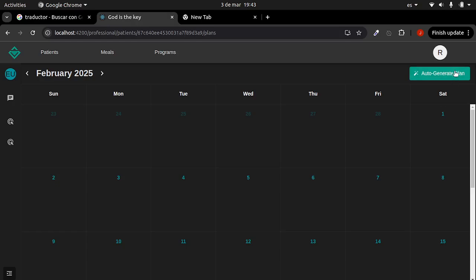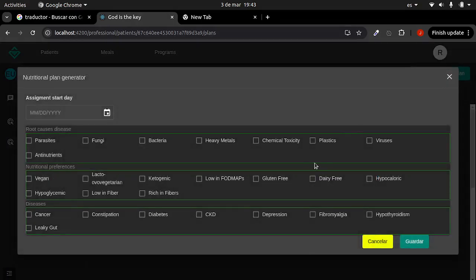I want to show my latest advances on this functionality. Basically, I created a nutritional plan generator where you can choose what disease you want to heal. For instance, we can suppose that this patient has cancer and also diabetes.